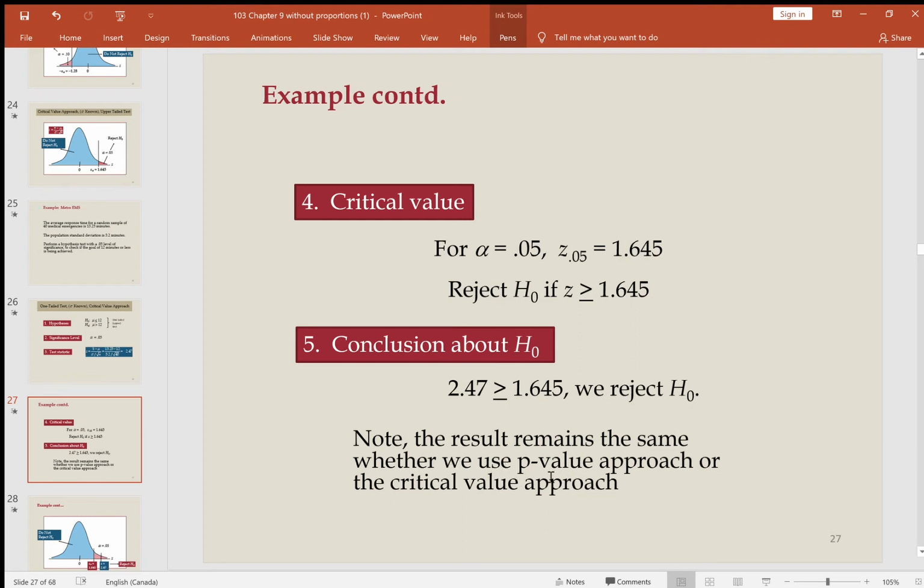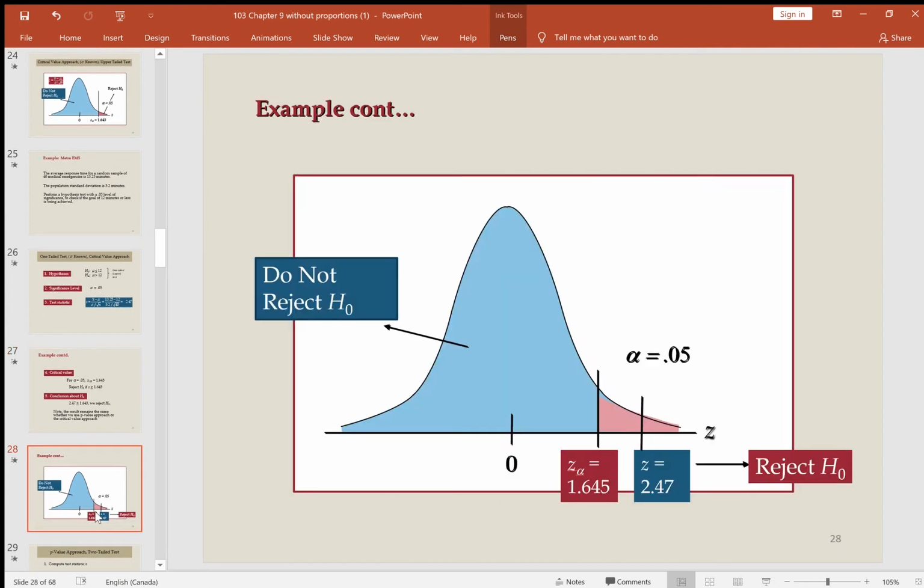Note the result remains the same whether we use the p-value approach or the critical value approach. The change of approach doesn't matter. This figure shows that our calculated value is more extreme than the value from the table, and so we can reject the null. We are in the rejection region.